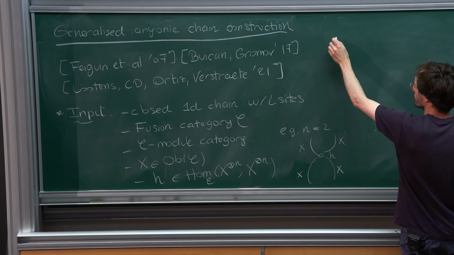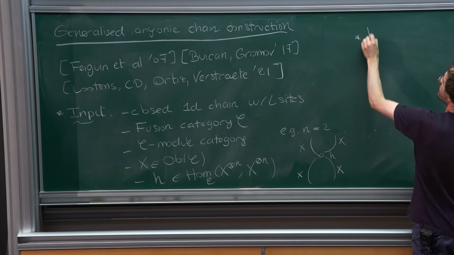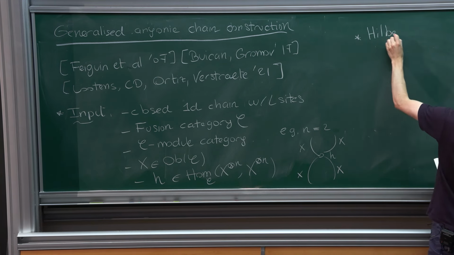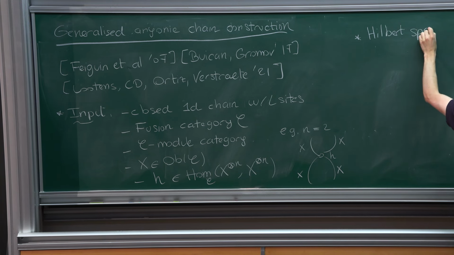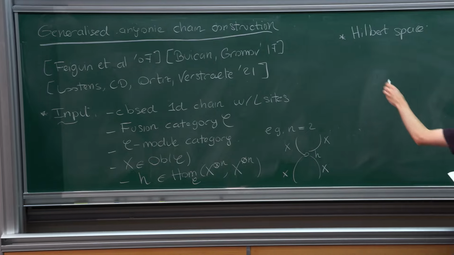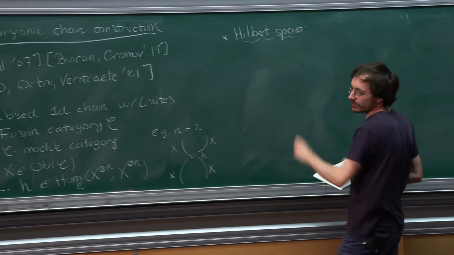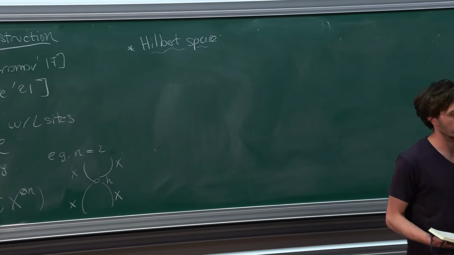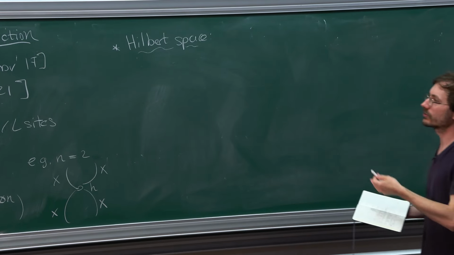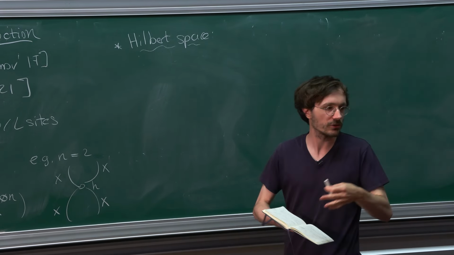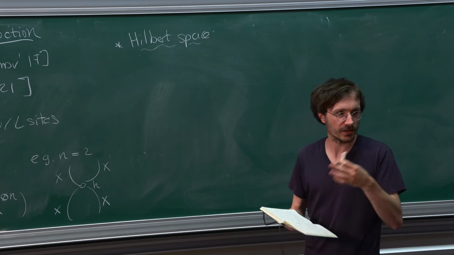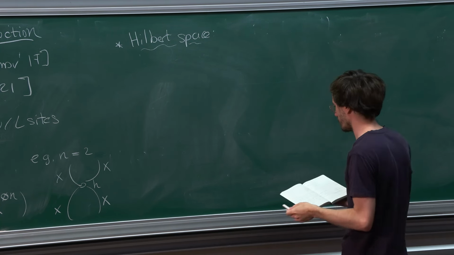But in order to do that, I first need to specify what the Hilbert space is. We're going to fully rely on the graphical calculus. It's going to be defined as formal linear combinations of diagrams that are decorated by objects and vectors in some junction spaces.